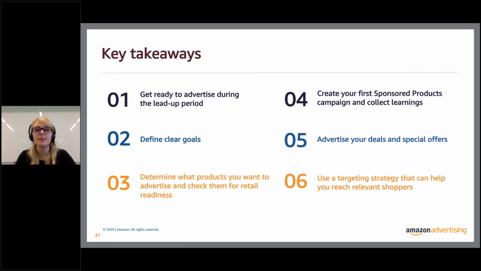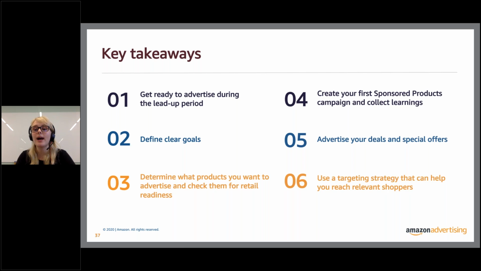Create your first sponsored product campaign using automatic targeting like I just showed you, and start collecting learnings from that campaign. You can also think about advertising your deals and special offers. Of course, sponsored ads can work in tandem with some of the other marketing activities that you're doing, and one of those could be deals and special offers.